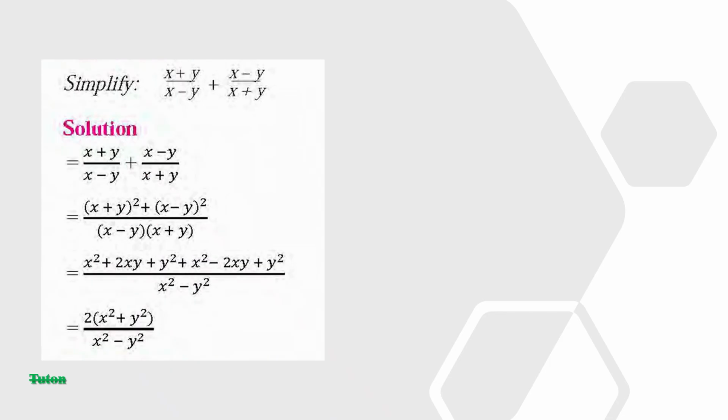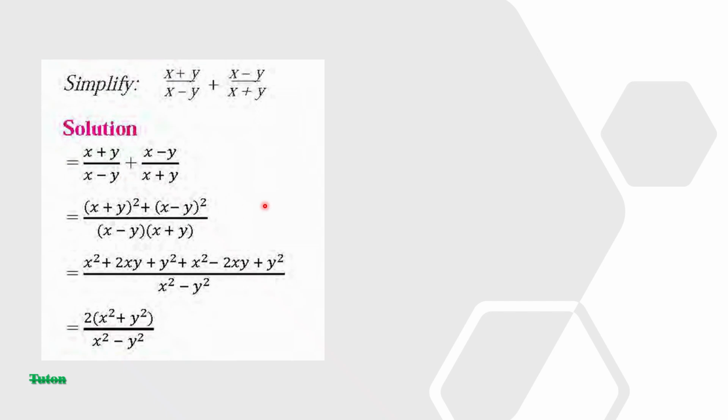Now let us see this example. It says to simplify this fraction. Here we have to deal with the addition of two fractions. As we can see, we are given x plus y by x minus y plus x minus y by x plus y.